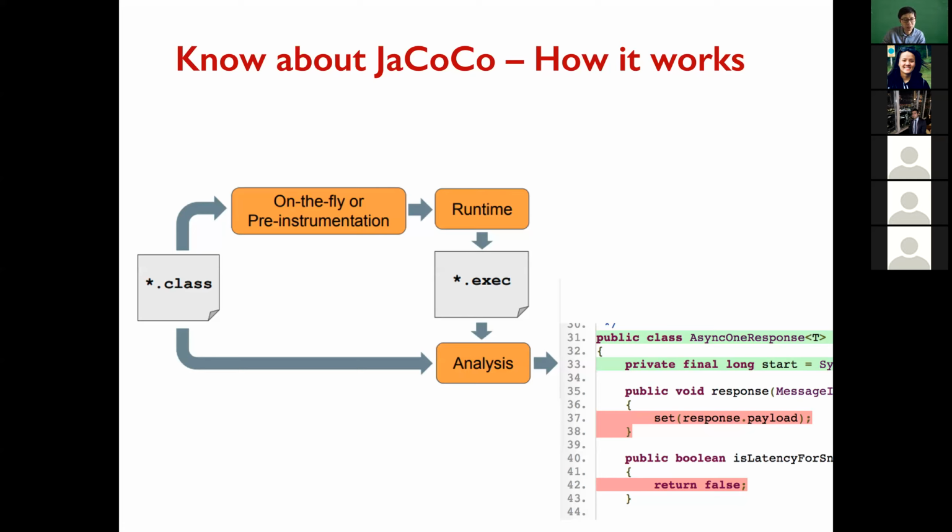The results show which line is executed by which test case. Then it does some calculation to measure the line coverage, branch coverage, etc. So this is basically how JaCoCo and other test coverage tools work.